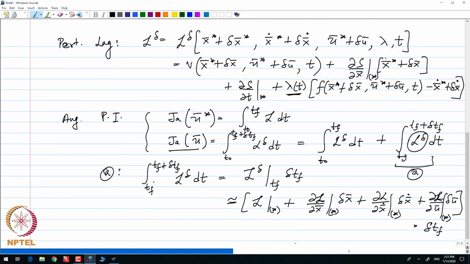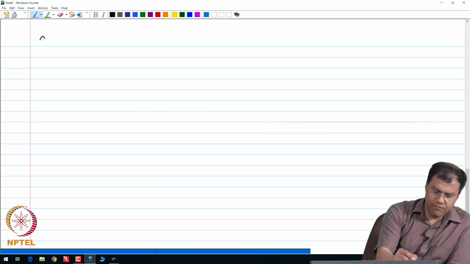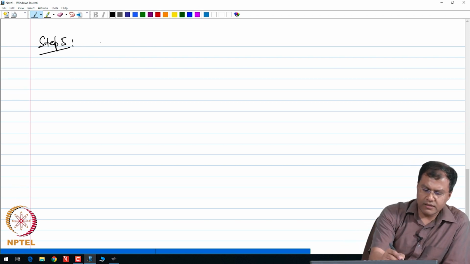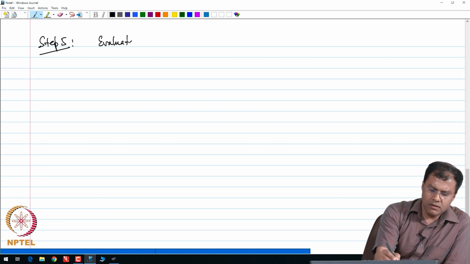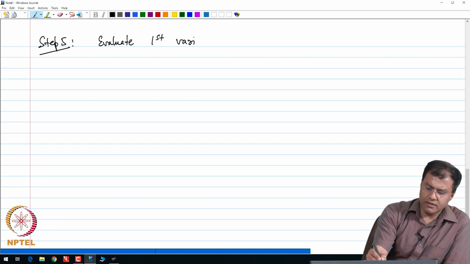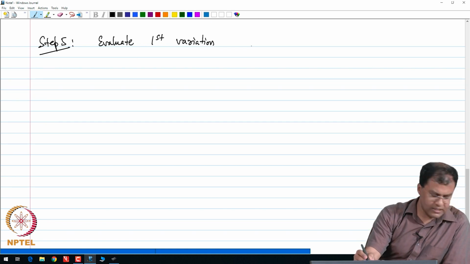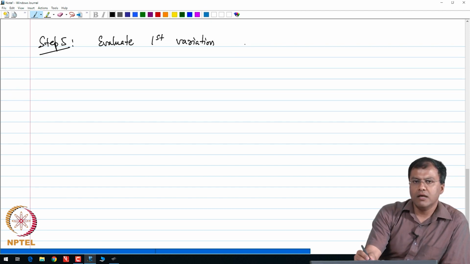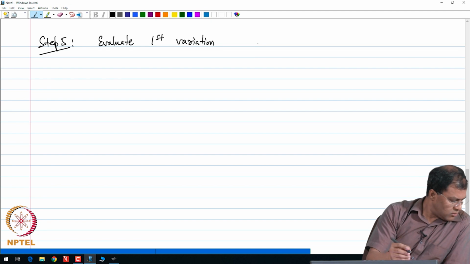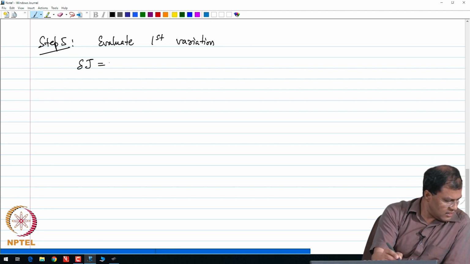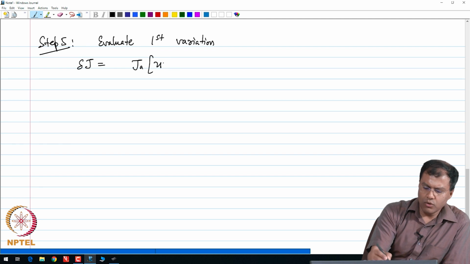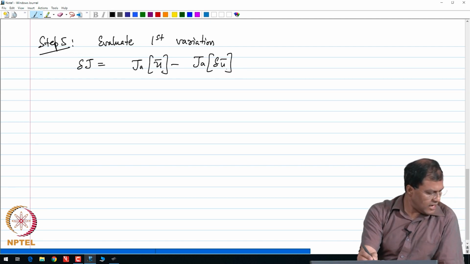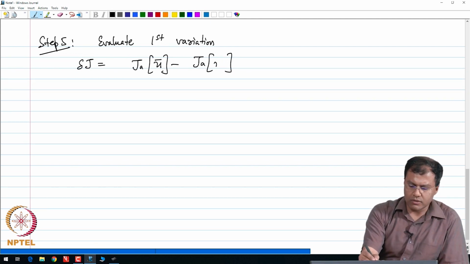And in step 5, I have to evaluate the first variation using Taylor series, and we are going to retain order delta terms, or the first order terms. So, my first variation delta J is equal to J A at u minus the augmented index J A at u star.